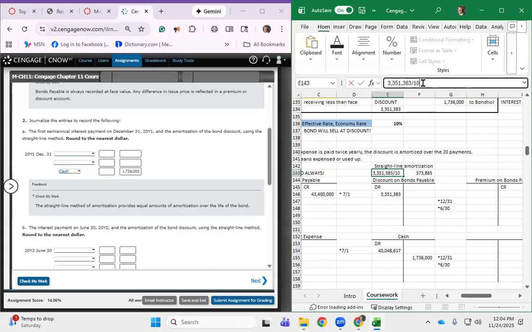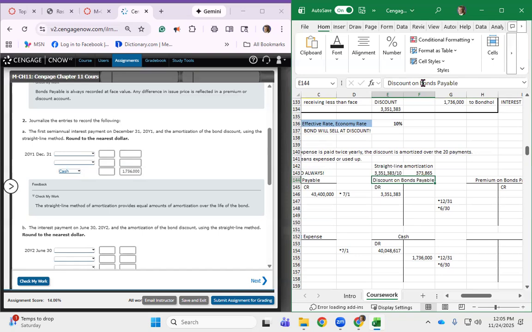So over 10 payments of interest, we're going to make this discount amortize. You say, what does amortize mean? We're going to use this discount over the next 10 payments of interest. And when we're finished, there won't be anything in here. So we're going to make it go down by 1/10.